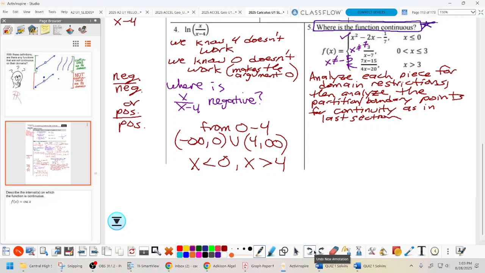Okay, so now we go check just like we did in the homework check where we have to analyze if it's continuous. So our points are 0 and 3 is where we're breaking. So limit as x approaches 0 from the left, limit as x approaches 0 from the right, and then 3 from the left, 3 from the right.